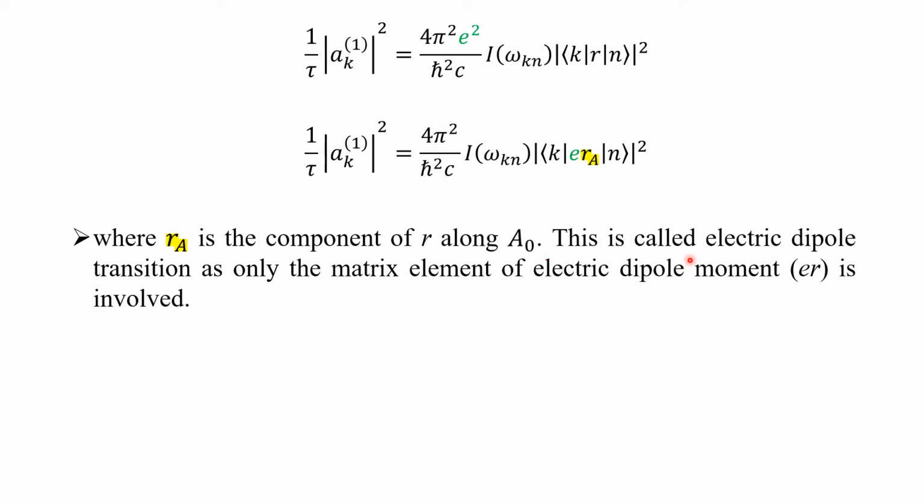This is called electric dipole transition, as only the matrix element of the electric dipole moment e r is involved. e into r is the electric dipole moment. Only this is involved, in matrix form. So this is called electric dipole transition.